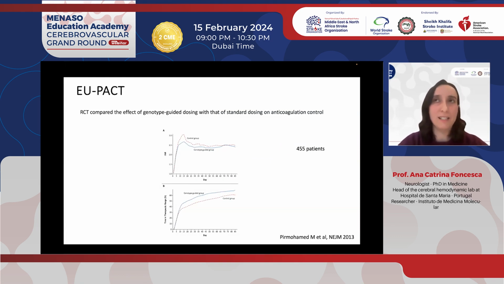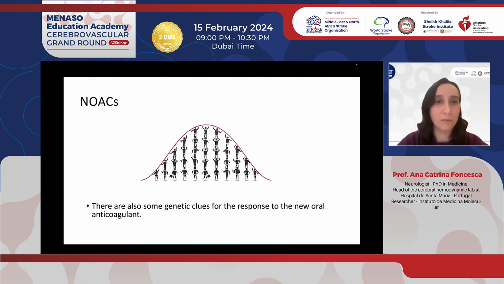So the idea is that precision medicine will not ease your work, actually, because you are going to need to know more about the patients, genotype them, do more blood analysis. But at the same time, you know that the patients will be under the right treatment. You are going to minimize the harm. So it's not the easiest way, but it's probably the more effective way.